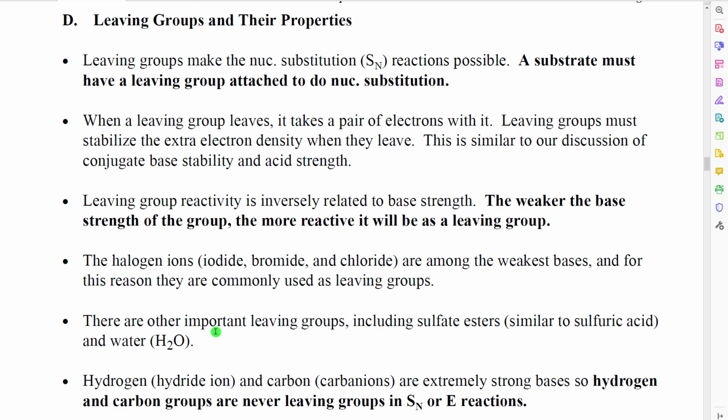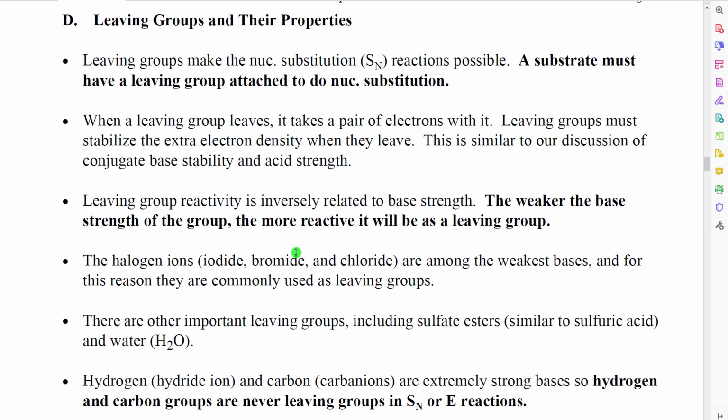However, there are other important leaving groups, including what we call sulfate esters, which we'll explore in a later chapter, but these are related to sulfuric acid, and so HSO4, hydrogen sulfate ion, would be a good example of something similar to them. And if we look, water is also a very weak conjugate base, and we're going to see in some circumstances we can make water a leaving group.